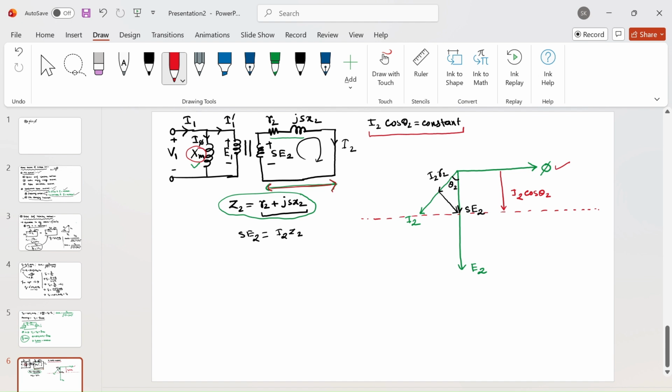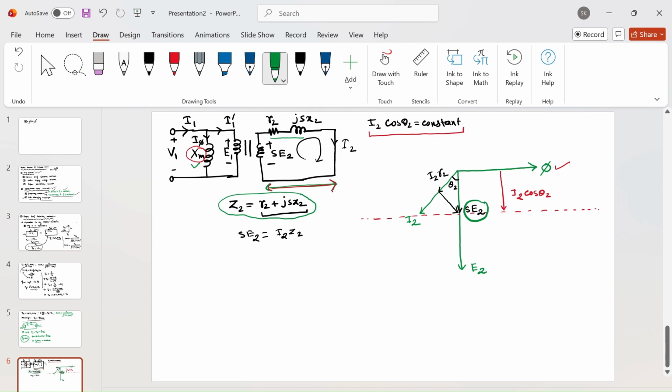Obviously, it is a per phase value, and at running condition, that E2 will reduce to SE2, where S is less than 1. So SE2 will come in the same line, but it will be smaller than E2, and your rotor current will be lagging in nature. Why lagging? Because the rotor circuit contains resistance and reactance, so the rotor current will lag the rotor induced voltage. This is my I2, lagging by angle theta 2, which is my rotor power factor angle.